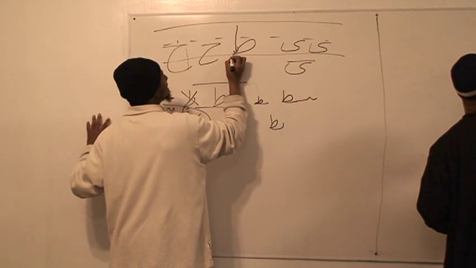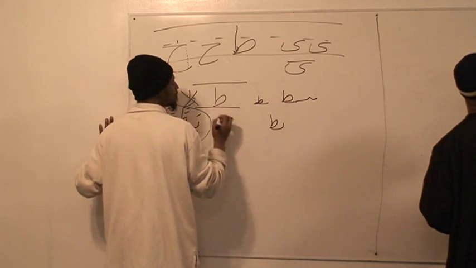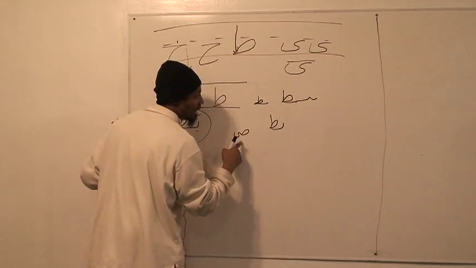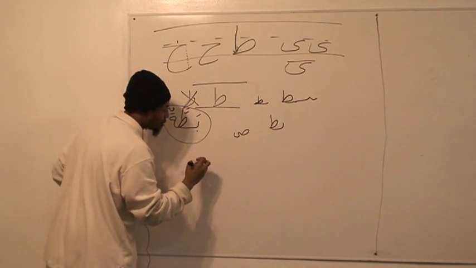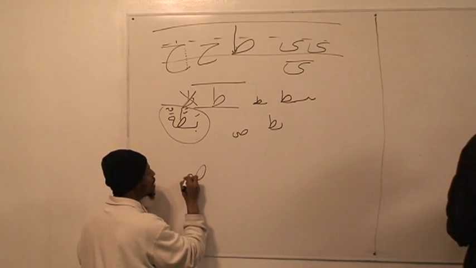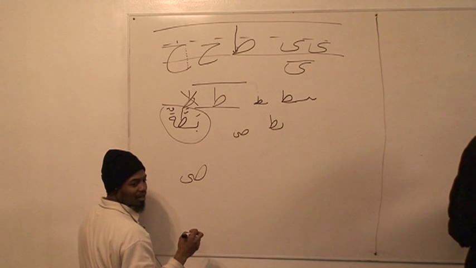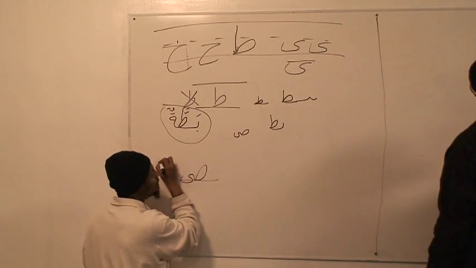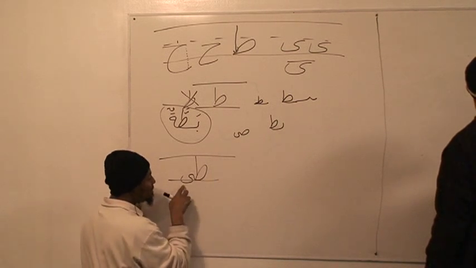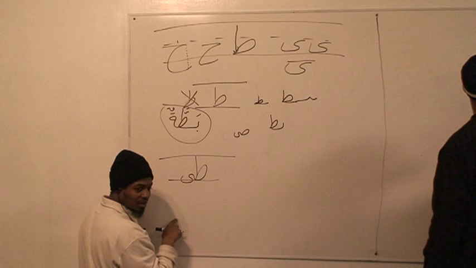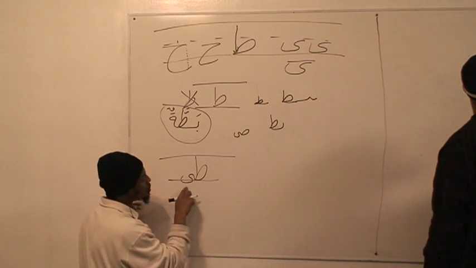Now, if it's at the tail end of another letter, like this tha, then you go up a little bit. You see how I went up before I went there? Let's do that again. I write a tha, I go up, and then I make the whole thing. Does that make sense? Remember, the tha is on the line, so this is going to break the line, isn't it? Just ever so slightly, though.